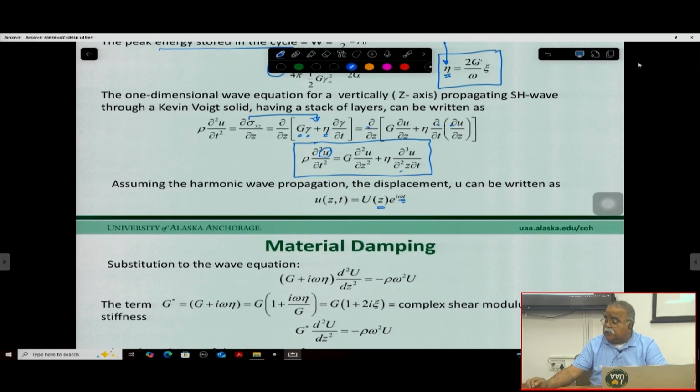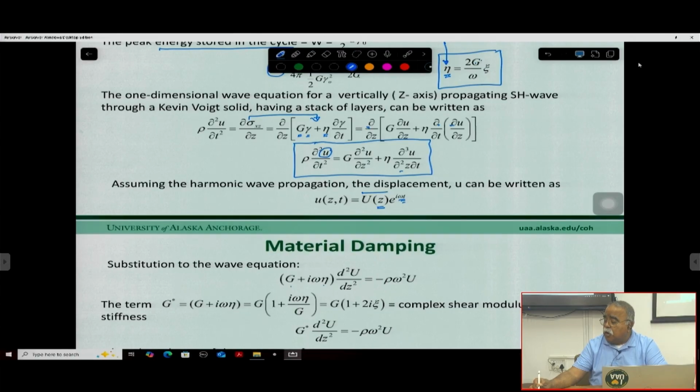You can solve this equation if you first take del 2u by del t squared. Then only the omega squared comes out here, and for the z part, it will be G into i omega eta into del 2u by del z squared. So first you calculate d2u dt squared, and all the omega squared will come out.